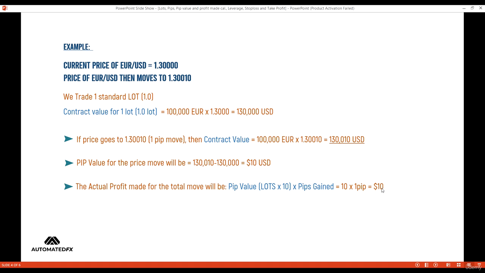We'll have made $350 for a 35 pip movement of a Euro USD trade placed with 1 standard lot. So that's as simple as that. Now you understand what we mean by pip value. You can calculate the value of a pip. You can calculate the actual profit you've made for whatever amount of pips movement your trade makes.